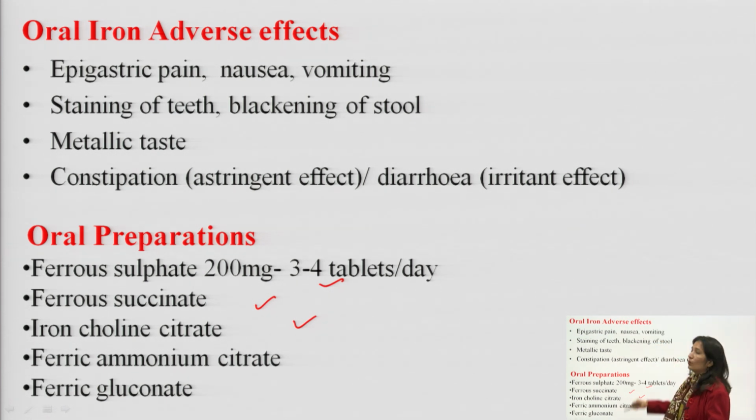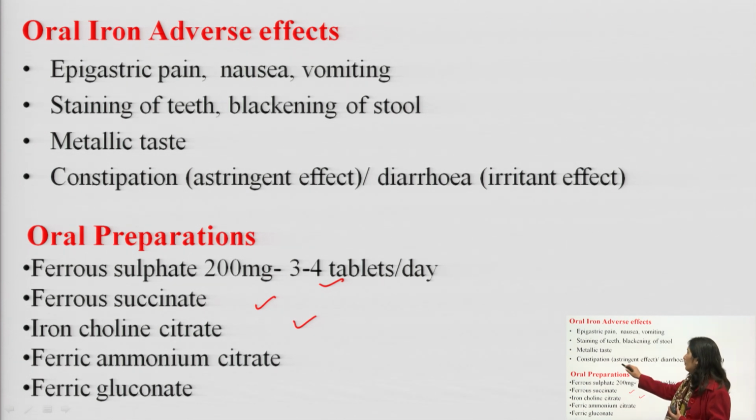Adverse effects of the oral iron preparations are epigastric pain. Gastritis may occur initially, especially with the intake of iron, along with nausea, vomiting, metallic taste, staining of the teeth, blackening of the stool, and constipation or diarrhea.